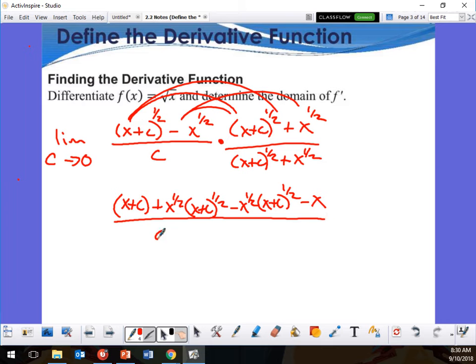So it's going to be c quantity x plus c to the 1/2 plus x to the 1/2. There we go. Now my middle terms right here, those go away, don't they? All those go away because I have a plus x to the 1/2 times x plus c to the 1/2, and a minus also. So it's going to give me x plus c minus x, right?